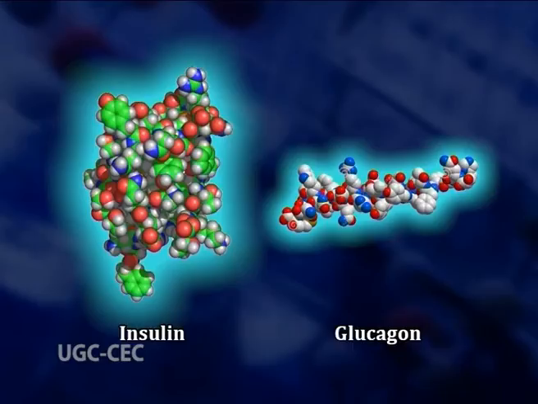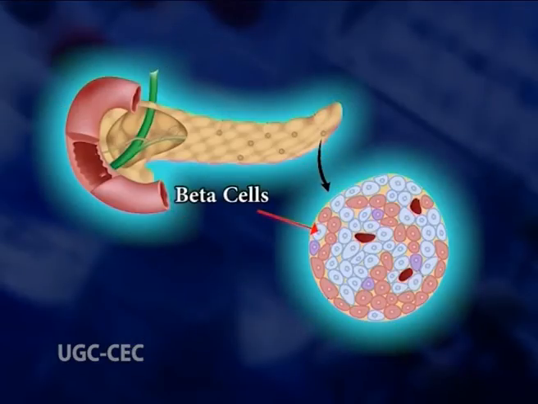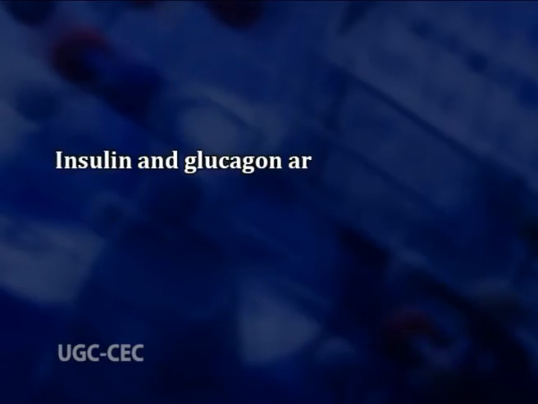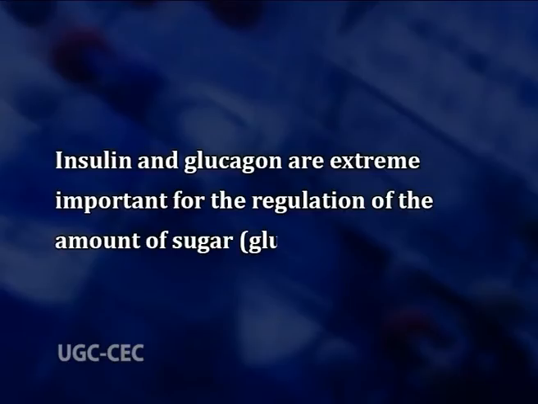Insulin and glucagon protein hormone are respectively secreted by the beta cells followed by alpha cells of the islets of Langerhans. Delta cells secrete a hormone called somatostatin. Insulin and glucagon are extremely important for the regulation of the amount of sugar, that is glucose, in the blood.